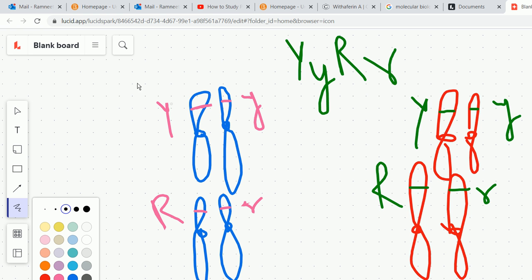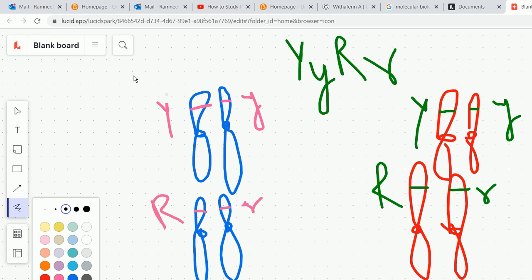Now this is a heterozygous situation. Remember what we talked about in the meiosis, and also in this case the chromosomes involved are more than one, unlike in monohybrid cross where there was only one chromosome involved. In this case, there are two chromosomes involved. Remember, go back, check what happens in the metaphase.